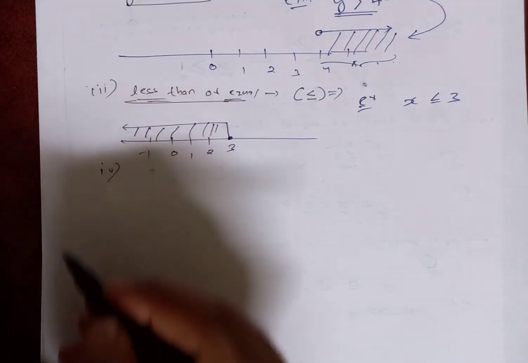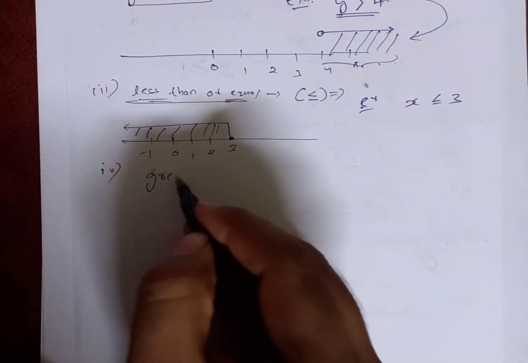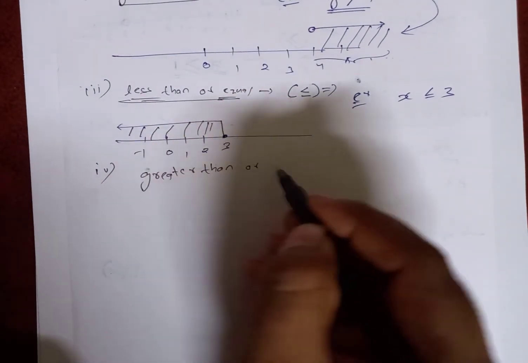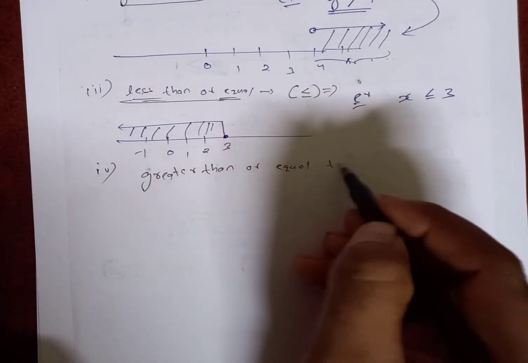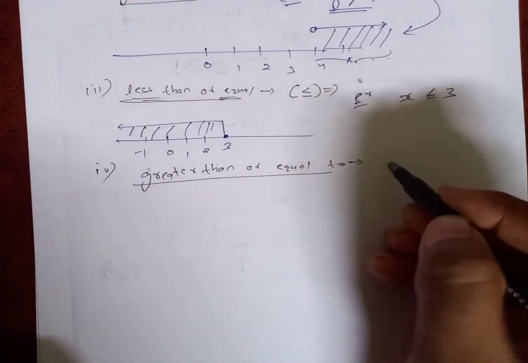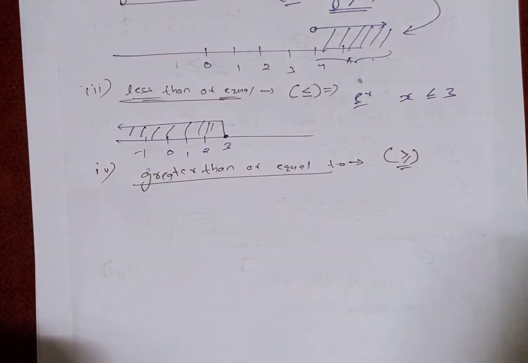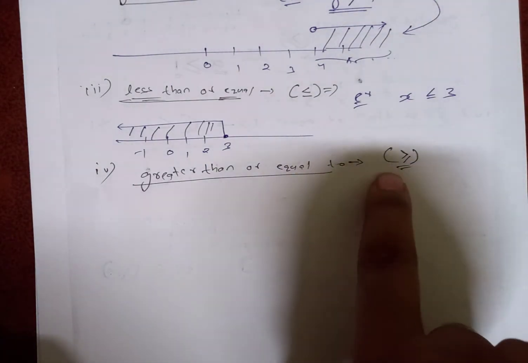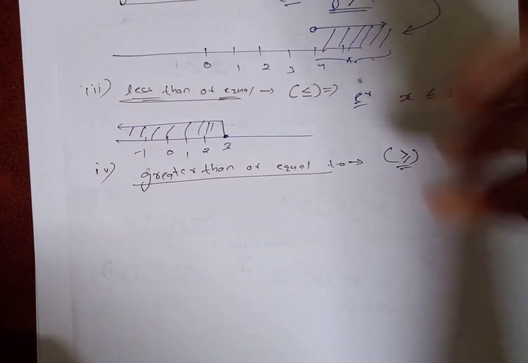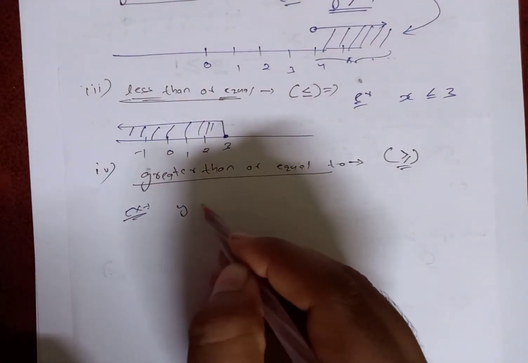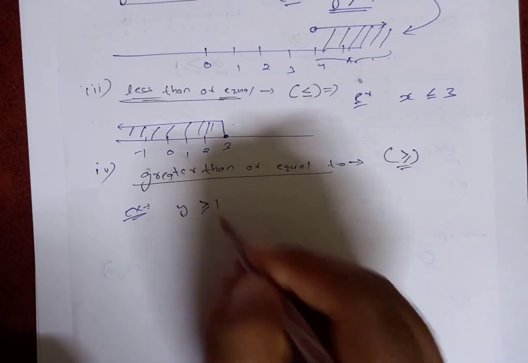The next one was greater than or equal to, which is denoted as this. This implies that some value is greater than or equal to some other value, guys. For example, some variable y is greater than or equal to 1.